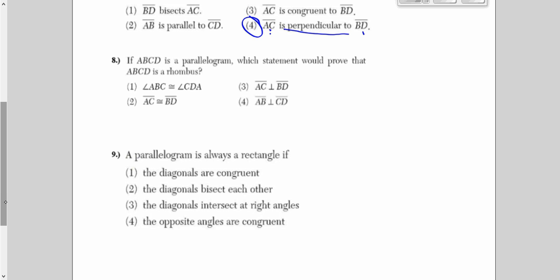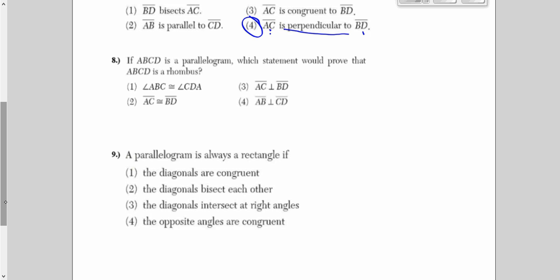You might want to sketch this out, guys. Why would I want to sketch this out? Because they give you some segments here, right? Like, how are you going to know what part of the parallelogram these segments are, right? So make a sketch of it. So I'll do that.